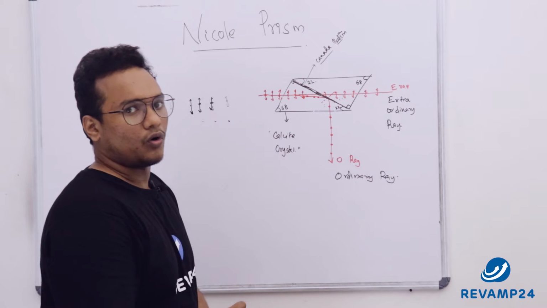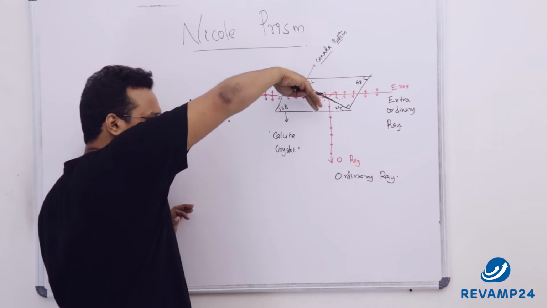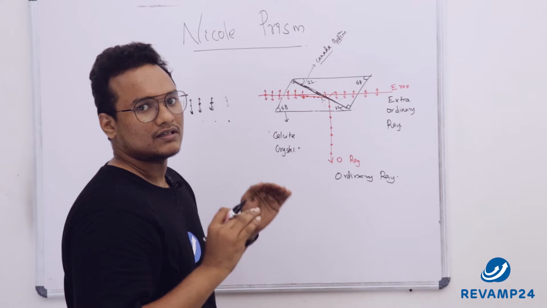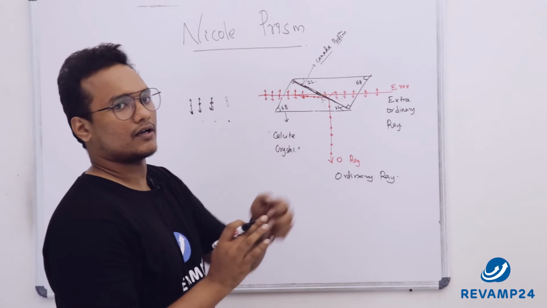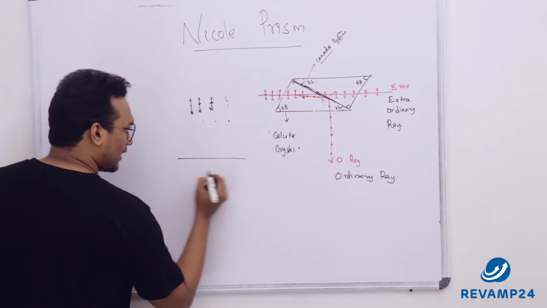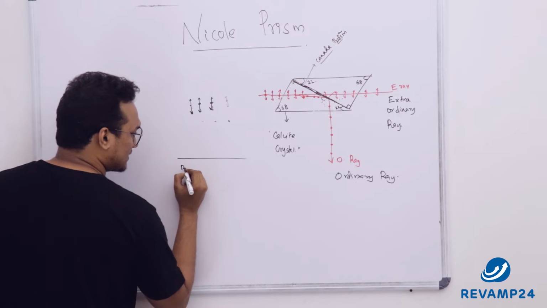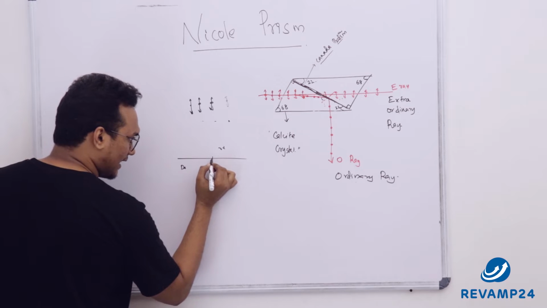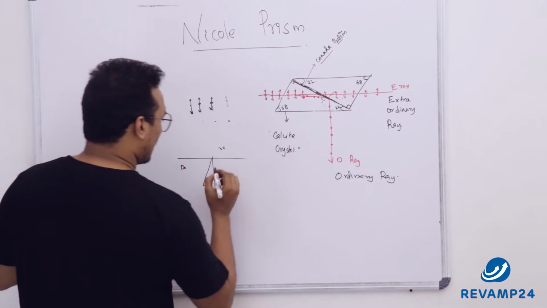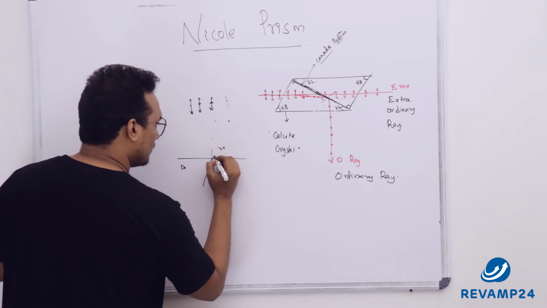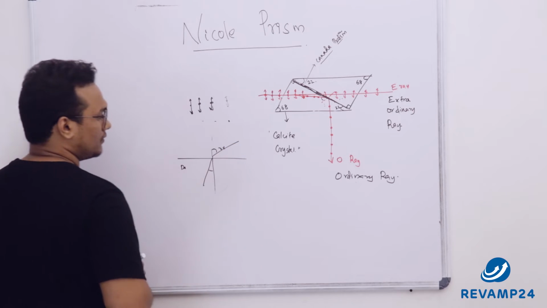But what will happen to the ordinary ray? As this angle is more, it will reach a certain value such that it won't undergo refraction. We have learned this previously. When light travels from denser to rarer medium, it moves away from the normal.